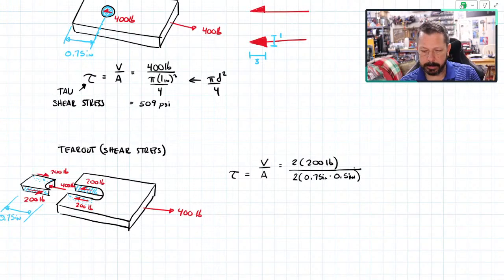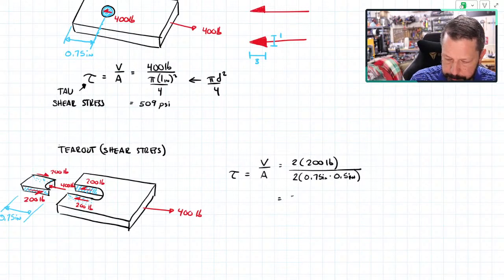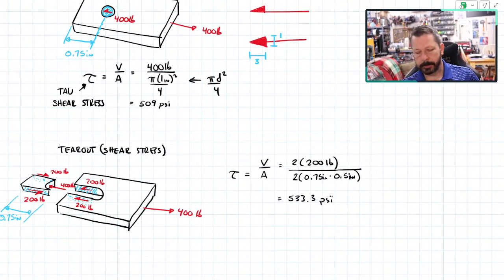So now we have 0.75 times 0.5 times 2, 400 divided by that number, 533.3 psi. So still, again, nowhere near the actual stress needed to fail the part, but still another potential way it could fail.